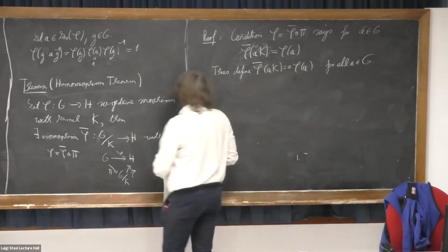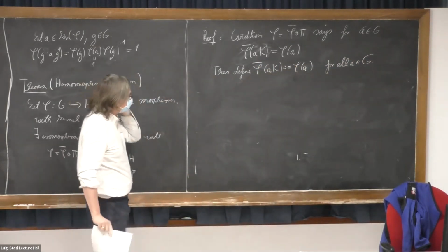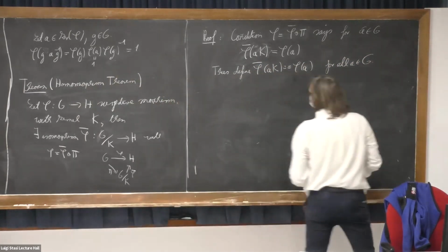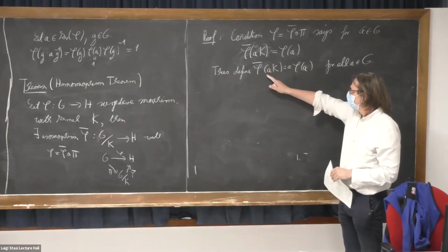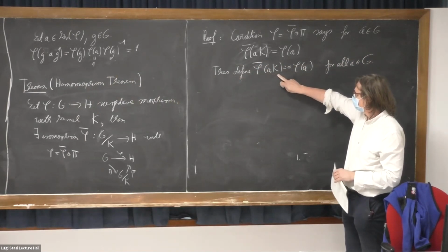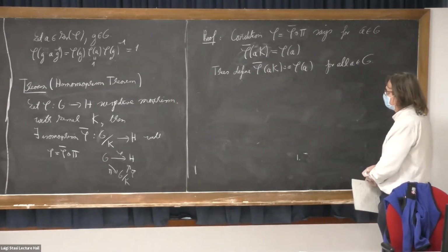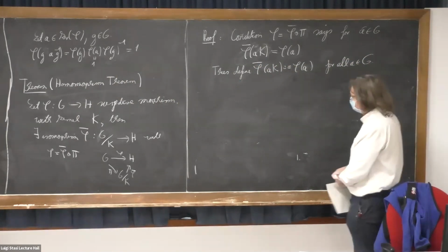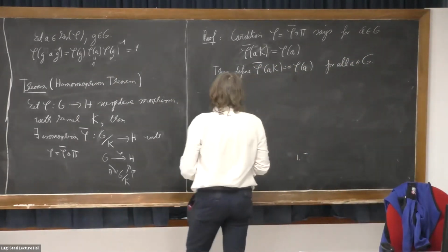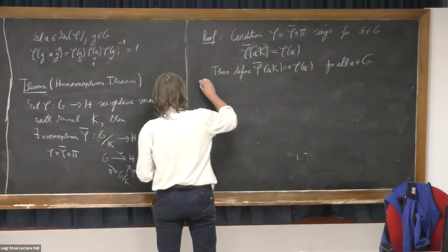Now, obviously, this definition must make sense. So it has to be well defined. We have to find the image of this set AK in terms of a representative A. So it has to be independent of the representative. And in fact, we can at one step show that it's both well defined and injective.